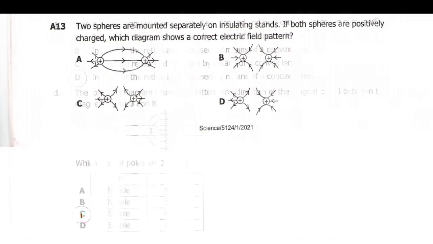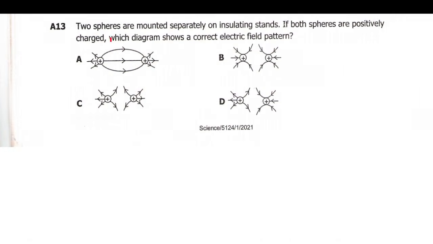Then 13 reads, two spheres are mounted separately on insulating stands. If both spheres are positively charged, which diagram shows a correct electric field pattern?